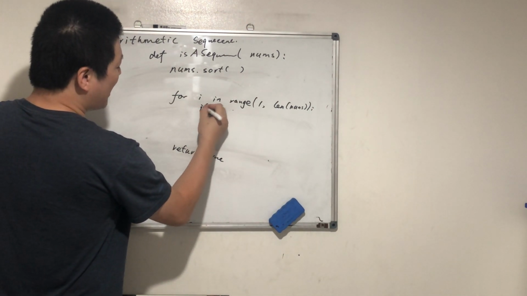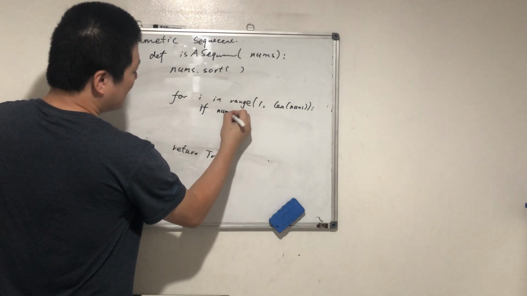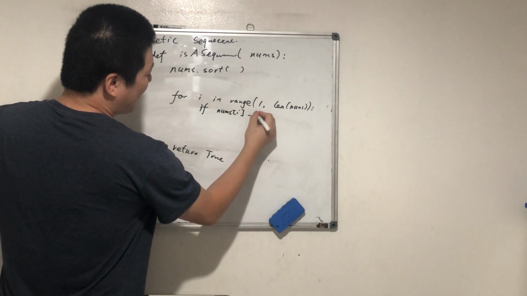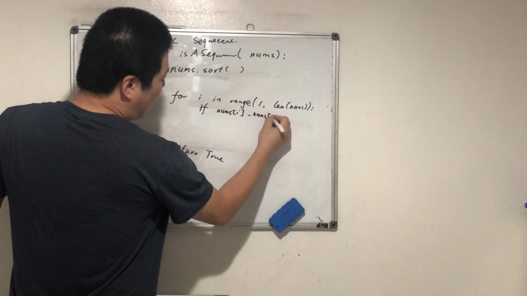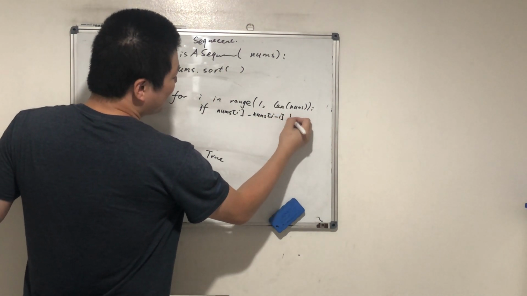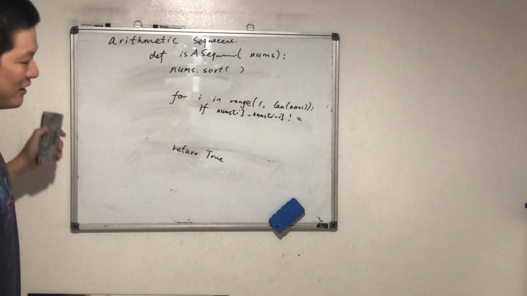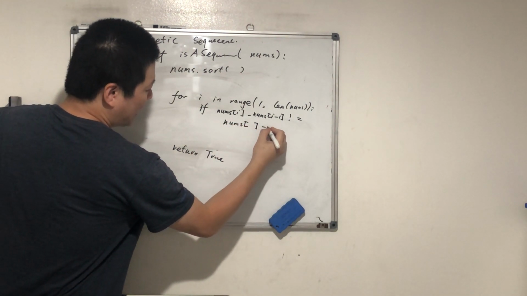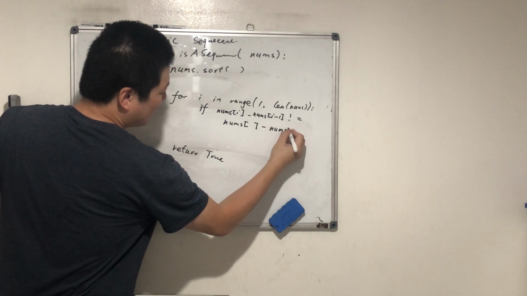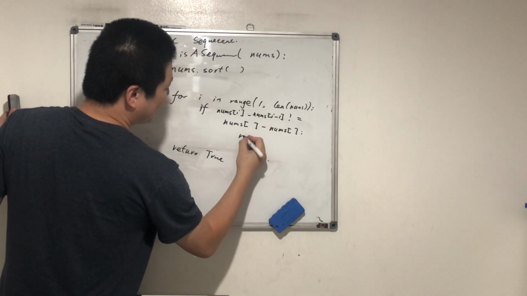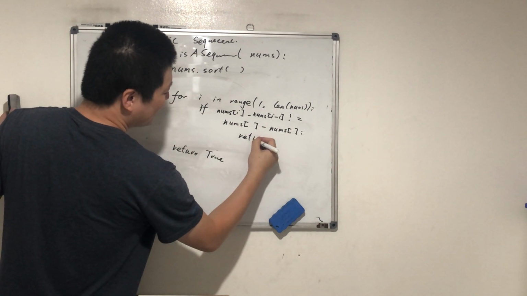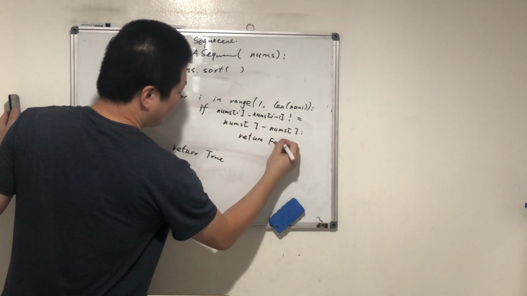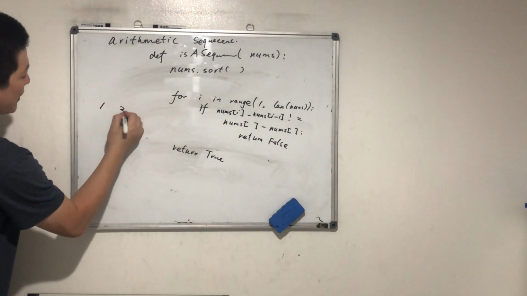So if nums I minus nums I minus 1 not equal what? You put the 2 numbers here. Return false, right? Look at it: 1, 3, 5, 7.